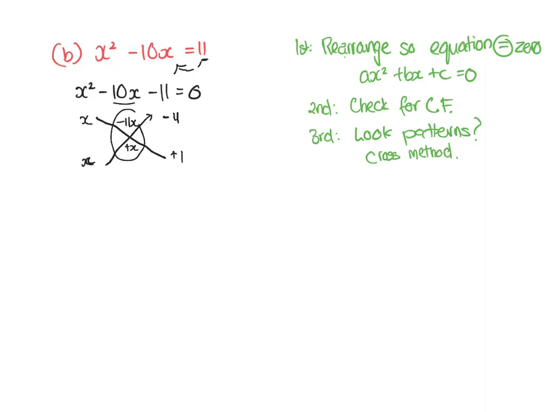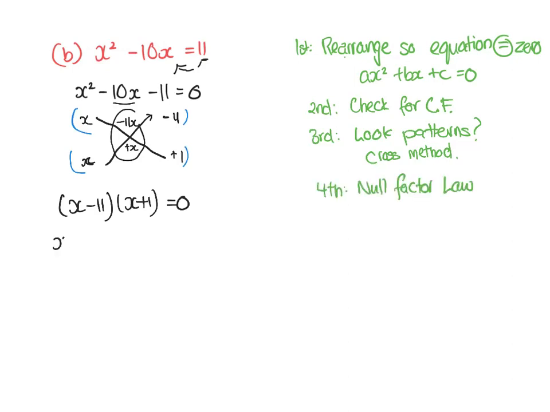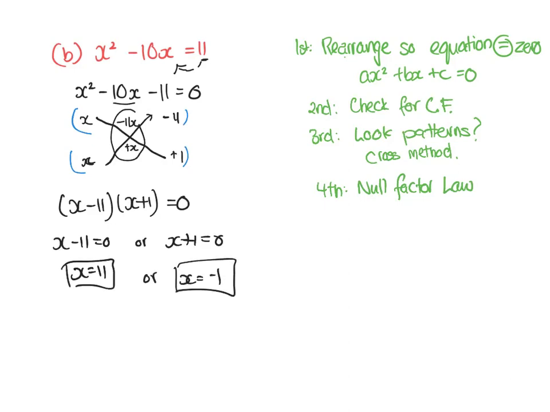So these brackets out here become our brackets, so we can factorize that expression to be x minus 11, x plus 1 equals 0, and then we use the null factor law to solve. We get x minus 11 equals 0, or x plus 1 equals 0. So x equals 11, one answer, or x equals negative 1 is your other answer.